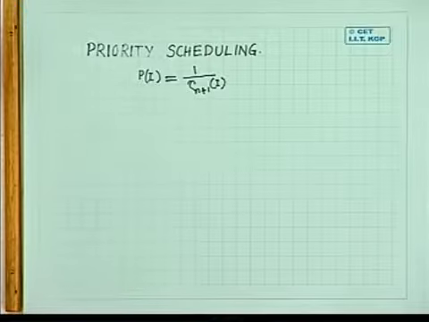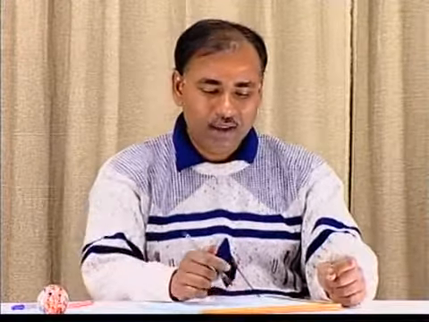In case of shortest job first, since we are executing the job having the minimum CPU burst time first, it is just the reciprocal of that which tells you what is the priority of that job. So, I can also say that the shortest job first scheduling technique is nothing but a special case of priority scheduling technique, where priority is the reciprocal of the next CPU burst duration.